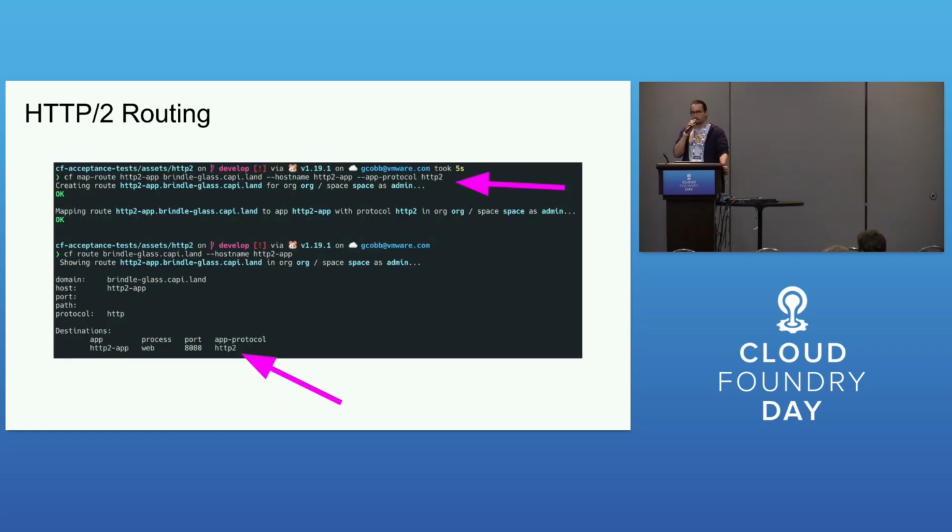Similarly, you can use the CLI when you're mapping the route to specify that you want HTTP2. There's also a new cf route command that we introduced in V8, which you can use to inspect the route and its destinations, including what protocol it's routing to your app with. So definitely check that out if you're interested in any of those features.